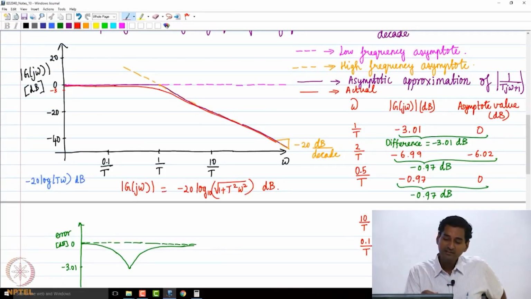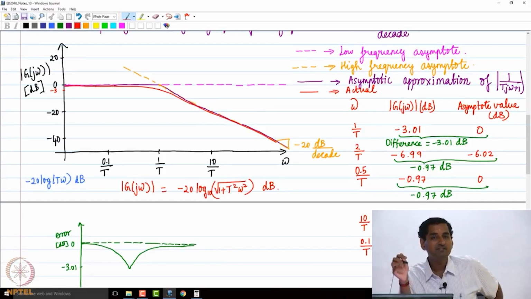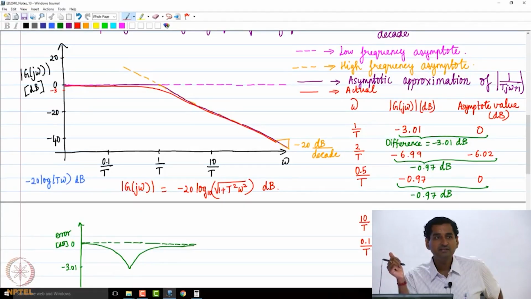If you look at the magnitude plot of this factor 1 by Ts plus 1, what can you immediately say about its characteristic? Does it appear familiar with something you already learned? You can observe that it has the characteristics of a low pass filter.